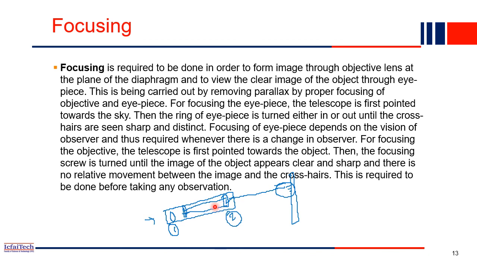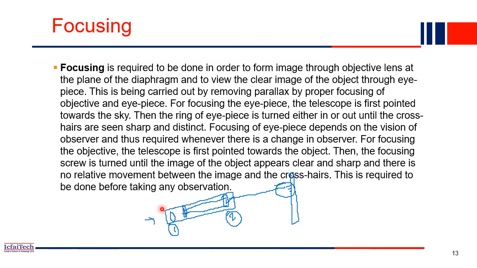So there are two focusings here. First is this lens, so that the image is focused onto the diaphragm. Next, lens number one has to be focused on the diaphragm itself, so that the crosshair is visible. The crosshair is one cross symbol at the diaphragm level.